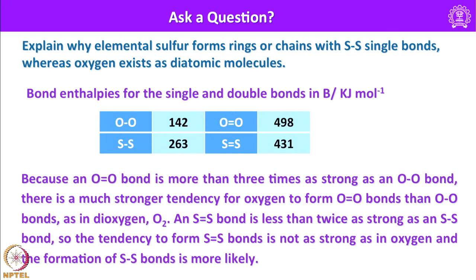Instead, what we see is 431 kilojoules per mole. That means by making an S=S double bond, sulfur is not going to gain any extra stability. Instead, by making two single bonds, it can have extra stability. As a result, sulfur exists in the form of S8 ring, whereas oxygen exists in the form of a diatomic molecule.